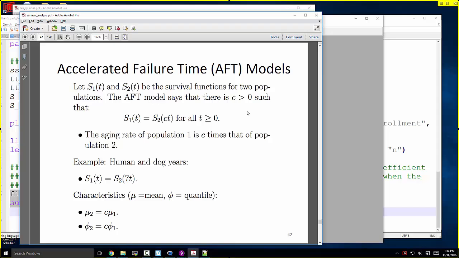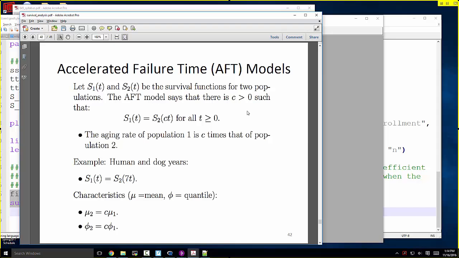But in some cases, you have good reason from prior data. For example, we know, working at Boeing, that failure times for this type of component in the airplane wing follow really closely a Weibull distribution.